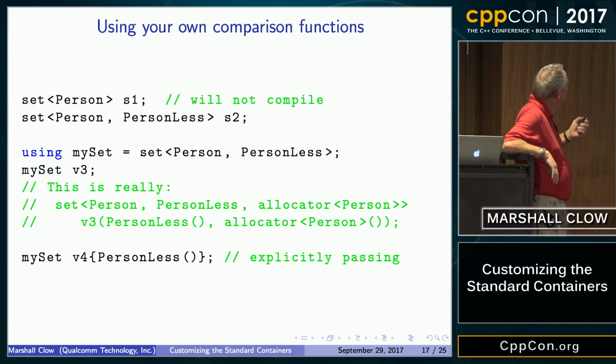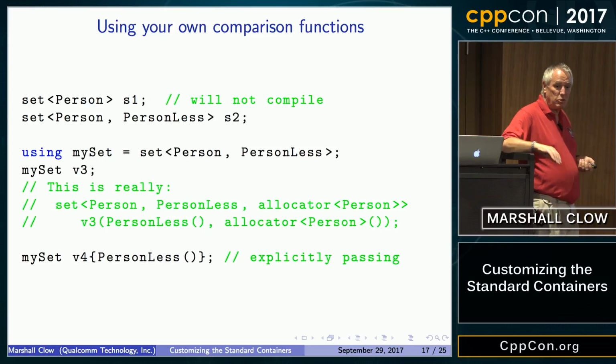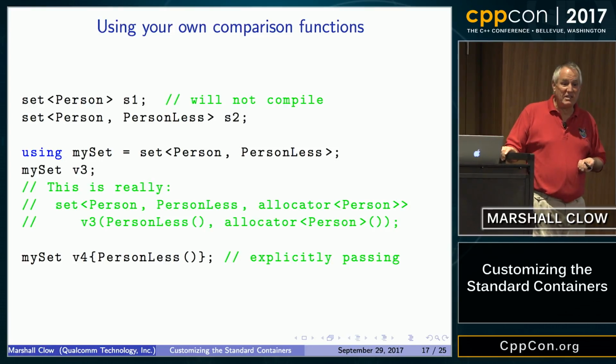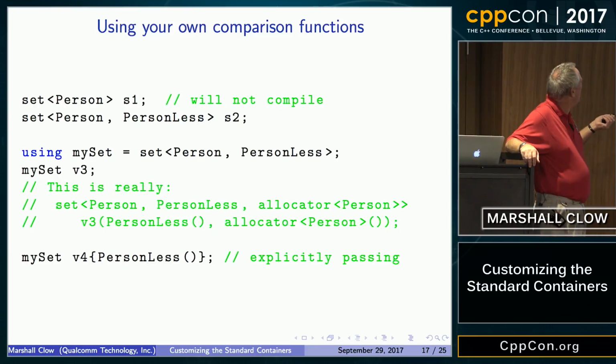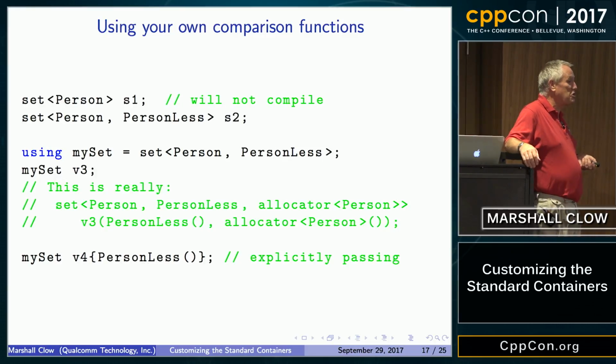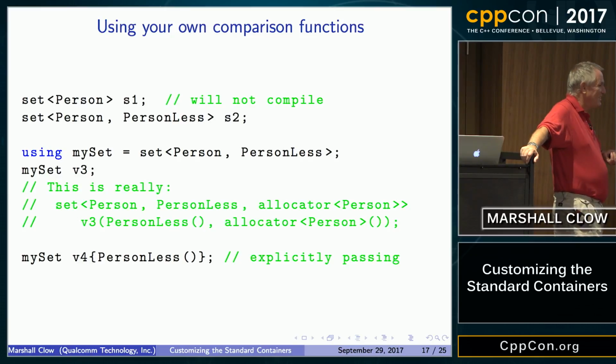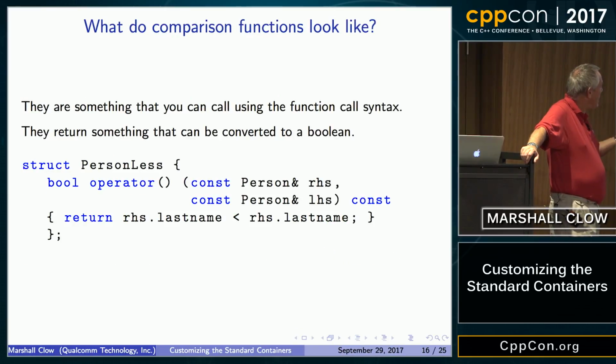Anyway, okay, did that. Here are examples, right? Like the allocator stuff, we had set of person. This will not compile unless your person has an operator less than defined on it. This will default construct PersonLess and use that as the comparison. PersonLess, yes. Some persons are less than others. And in this case, everybody is less than others because I can't type.